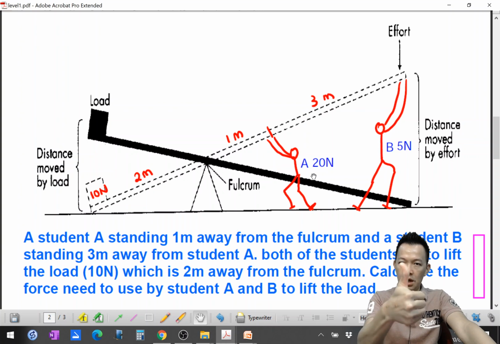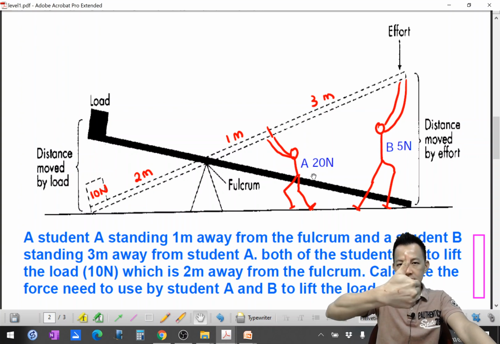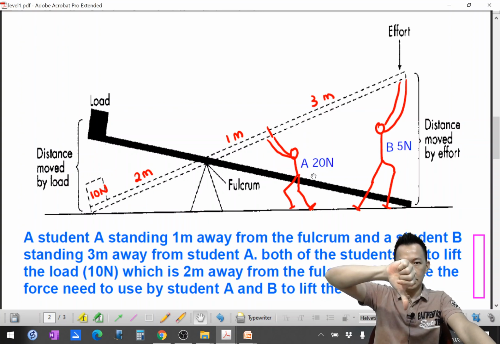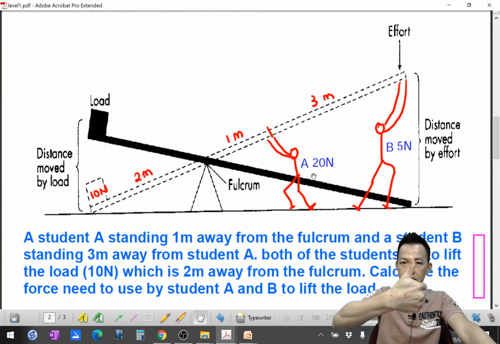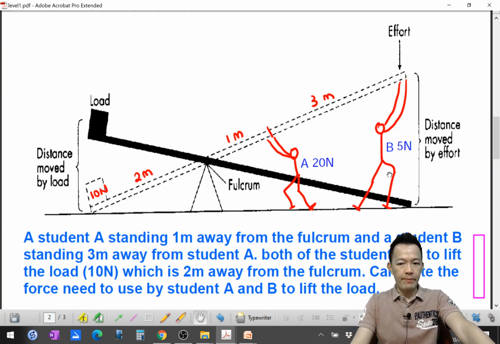is a good lever or a bad lever? It can be good, it can be bad. For B, 5 Newton to lift the 10 Newton is a good lever. But for A, 20 to lift the 10, it is a bad lever. So a first class lever can be good or bad.